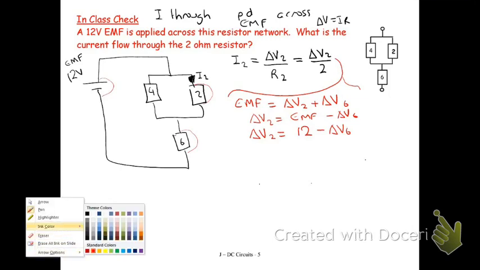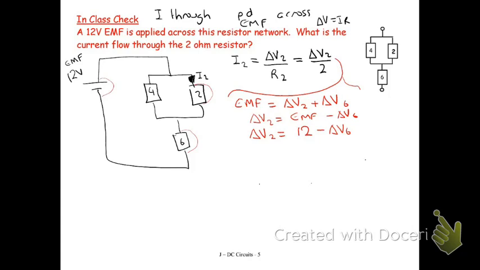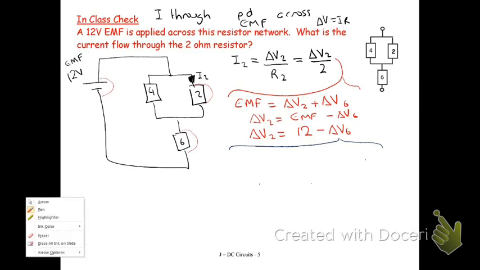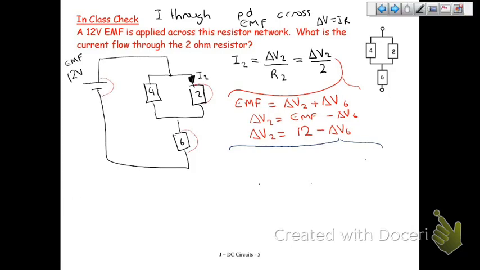If only I knew the voltage drop across the 6. I'm going to change pen, sorry. So now I want to find the voltage drop across here. This is my delta V across the 6.